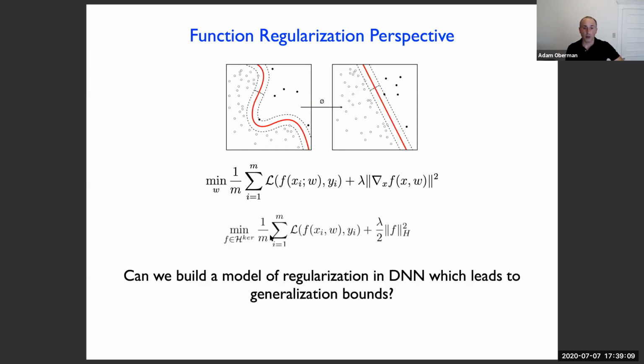And more generally, kernels I can write as a regularization in a reproducing kernel Hilbert space, which leads to the question: is there some kind of regularization in deep neural networks? Maybe we're already doing it, who knows where it's coming from, that'll also allow us to say that these models generalize. Even though I haven't told you how this regularization leads to generalization, I'm asking the question.